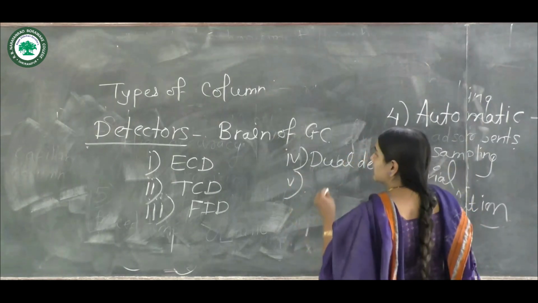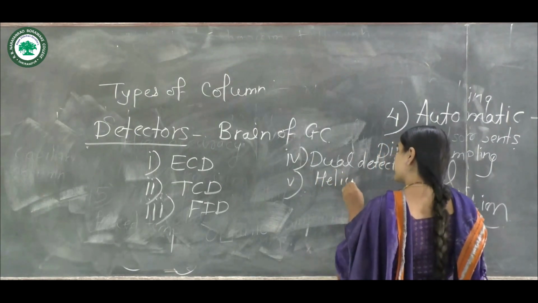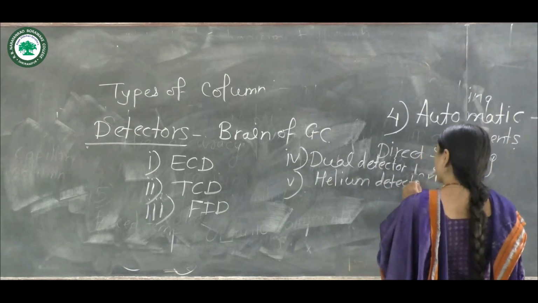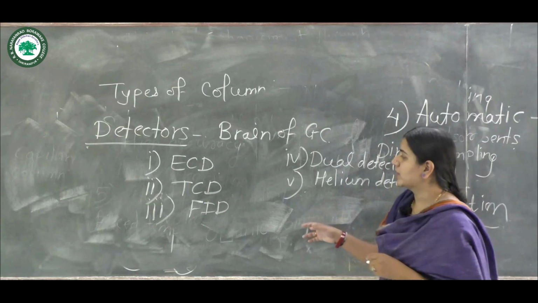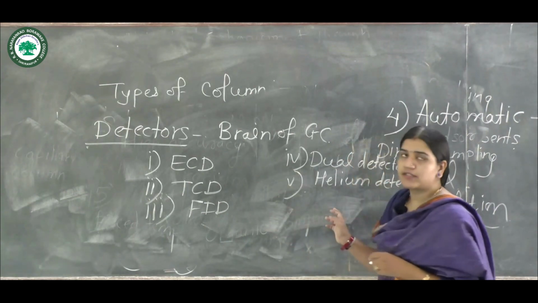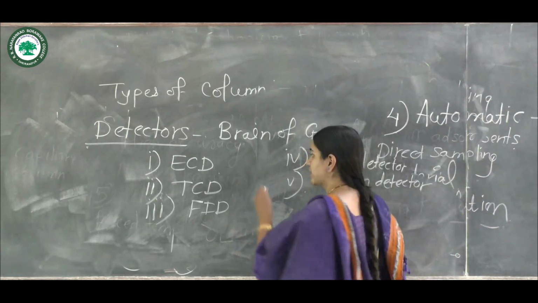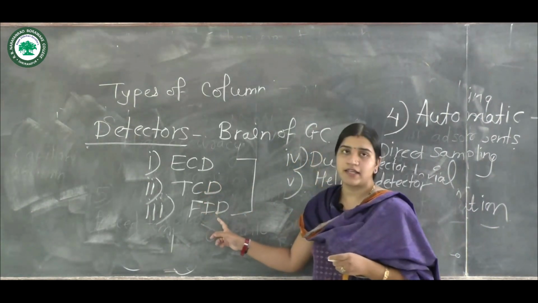For some instruments, a helium detector is also there. Along with all these different types of detectors, the most widely used detectors are these 3, that is ECD, TCD and FID.